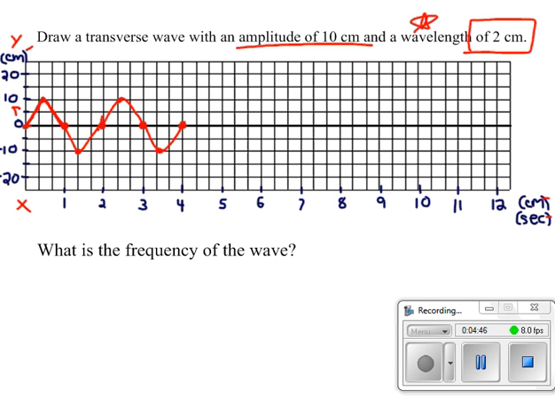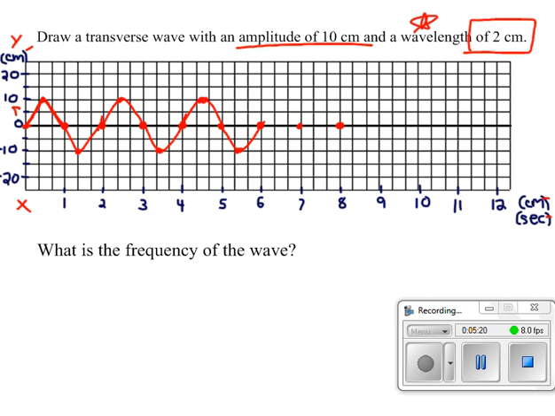And I'll continue. 2 more centimeters for my next wave. I'm going to look at my halfway point. Now notice I'm going to be going up again to 10 centimeters. Draw my crest and my trough. 2 more centimeters is my next wave.